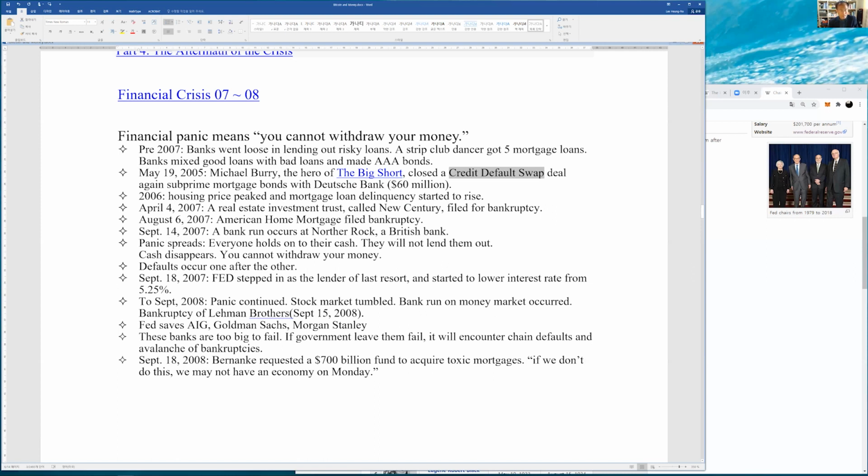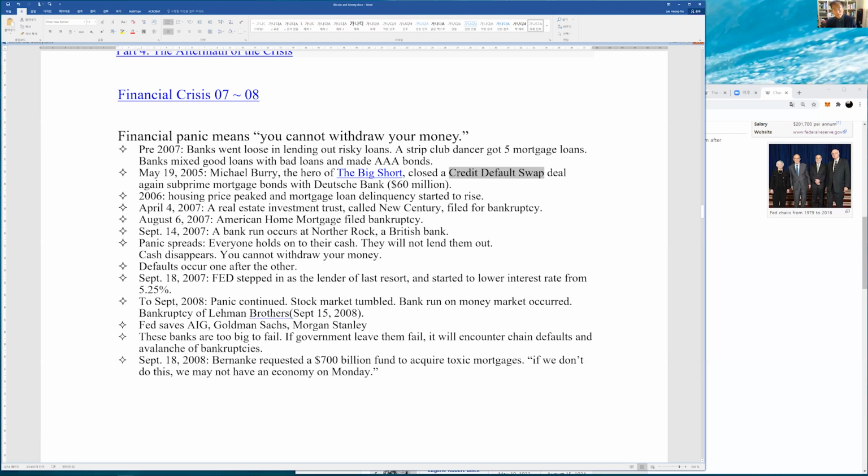Since these events happened, panic spread in the commercial banks and Wall Street, and everyone holds on to their cash. They will not lend it out, and cash disappears in the market, then you cannot get the money to pay for your debt.